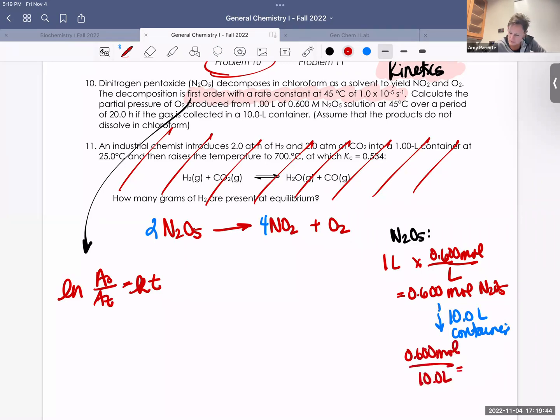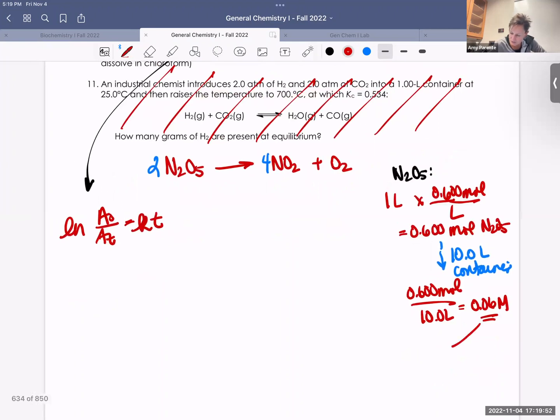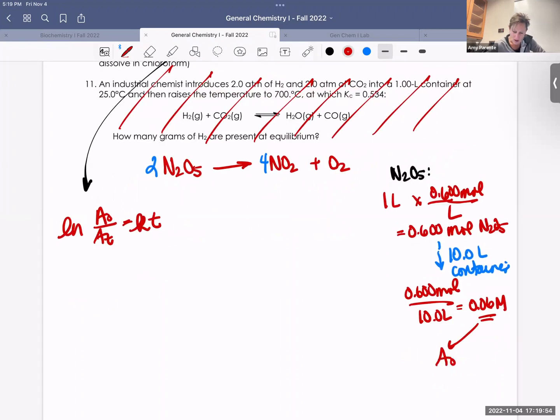So that's going to be 0.06 molar. That is going to be our starting concentration of that species. With me? Okay. So again, writing down what we have, A sub 0, what we start with, N2O5, is going to be 0.06 molar.